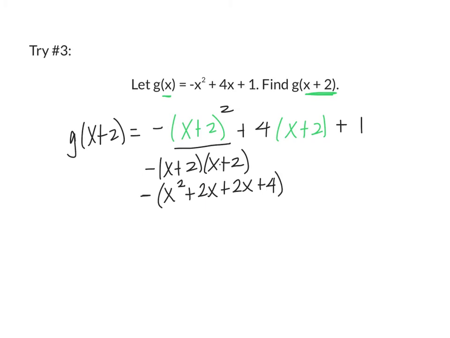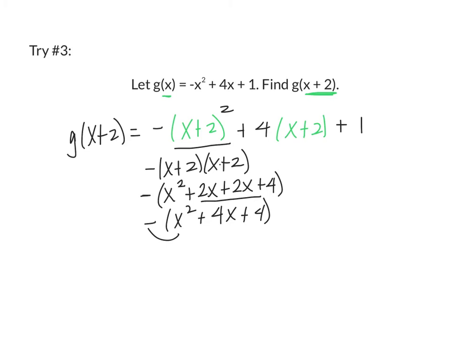Let's go ahead and combine before we throw anything else down here. So we'll have negative times x squared. Your two x's are the same, so that becomes 4x because 2x plus 2x equals 4x, and then plus 4. Let's continue to add everything else down here. So let's distribute now.